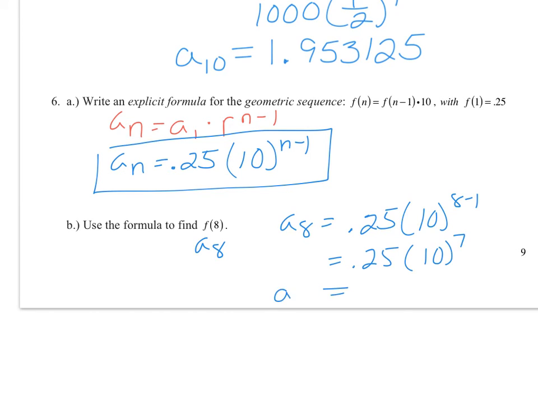Put that in the calculator, and a sub 8 comes out to be, boy, it's a big number. Wouldn't you like to win that at the lottery? 2,500,000 is a sub 8, or f of 8. Please remember, f of 8 means the same thing as a sub 8.